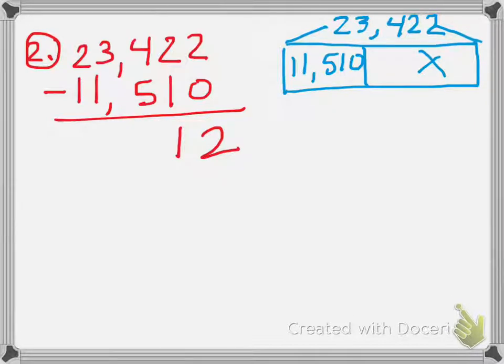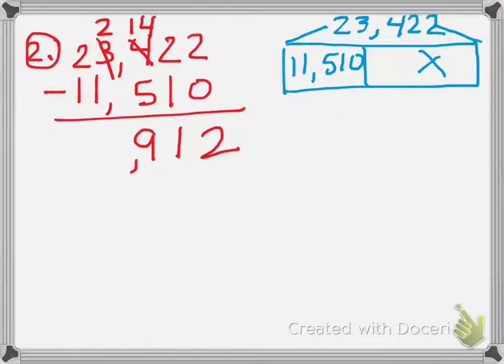I cannot do that. So I need to move over to the 3 and borrow a 10 from that 3. So I'm going to take 1 away from the 3. It's going to become a 2 on the top. And this 4 is going to now become 14 because I gave that 10 to it. So 14 take away 5 is going to be 9.